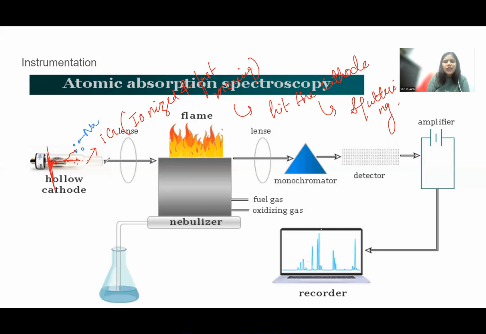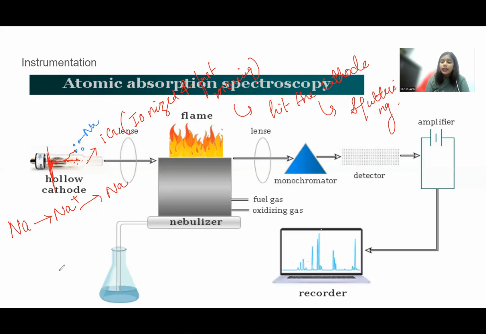Now here a lens is applied. Suppose, as I told you, sodium is getting ionized. During this process, it will come back to the stable state.